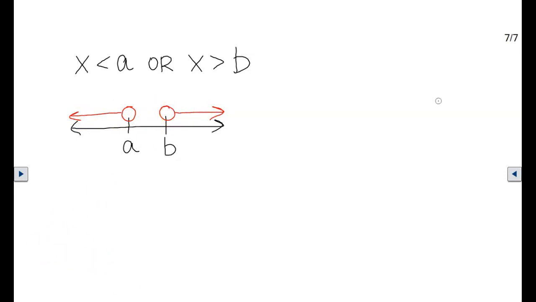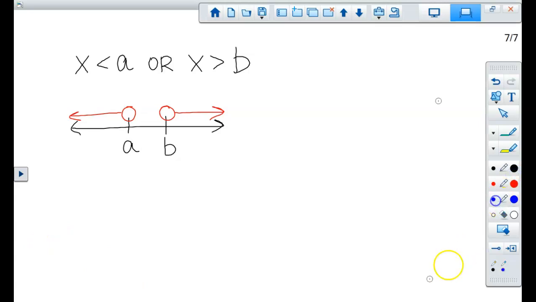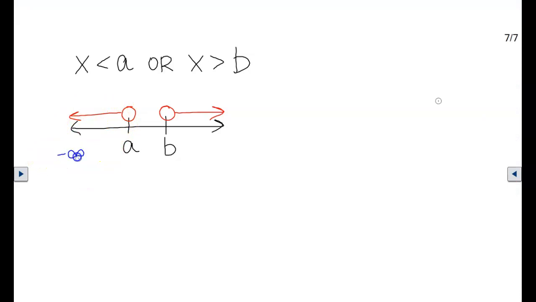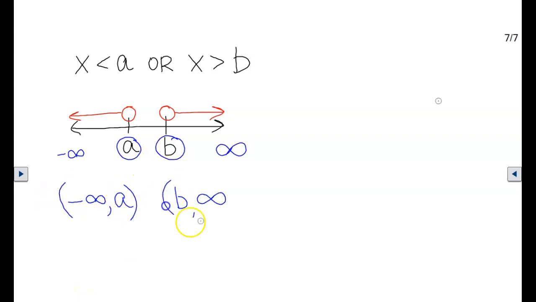Your interval notation is going to require some work because you've got two rays to describe. This ray, negative infinity to A, and then this ray, B to infinity. So you're going to do negative infinity, A, union B, infinity. And it would be parentheses all the way around here with a U in the middle. This cannot be condensed.